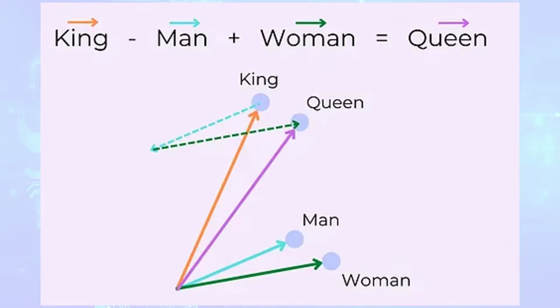If I want to calculate the vector queen, I can subtract the man vector from the king vector and add the vector woman. And approximately, I get with high accuracy the vector queen. Yes, there are some measures to assess the closeness of the resulting vector to the vector queen, but maybe in some other video I will show how real closeness is achieved.